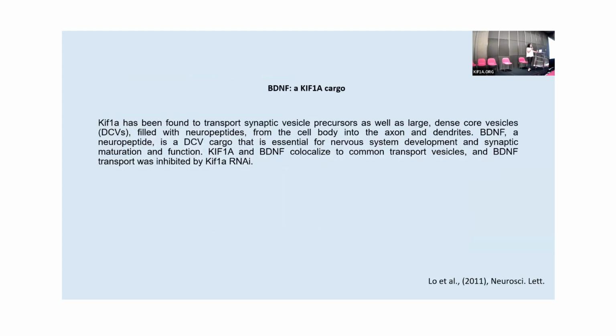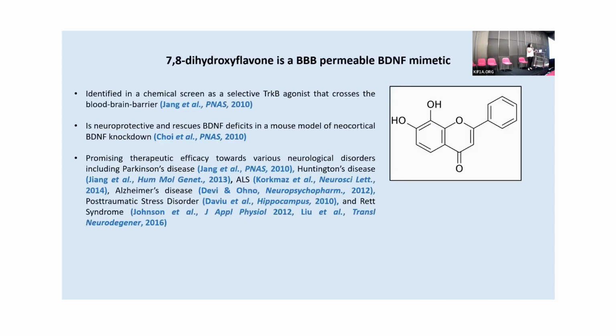And coming back to BDNF, as you know, BDNF is important for nervous system development and maturation, as well as function. It's one of the KIF1A cargos. And we saw that BDNF is able to partially rescue development of neighboring cells which do have KIF1A.